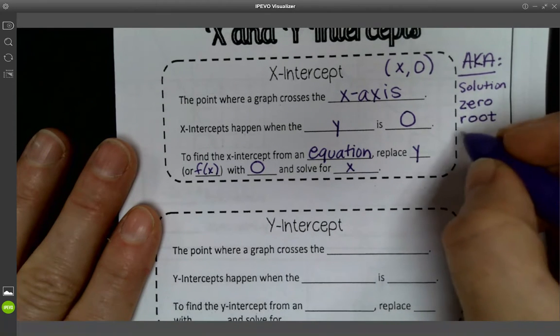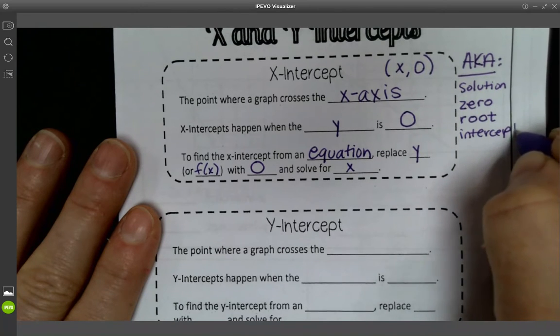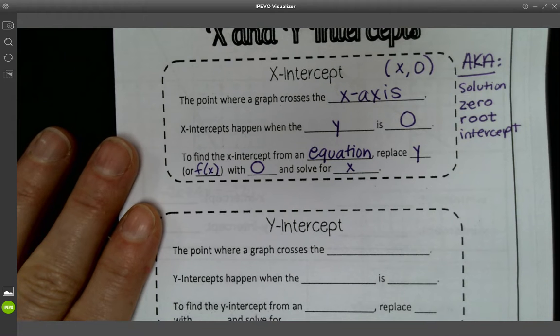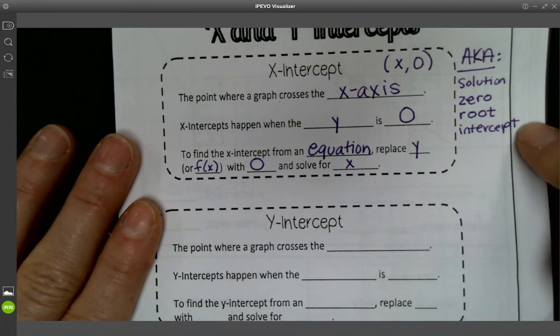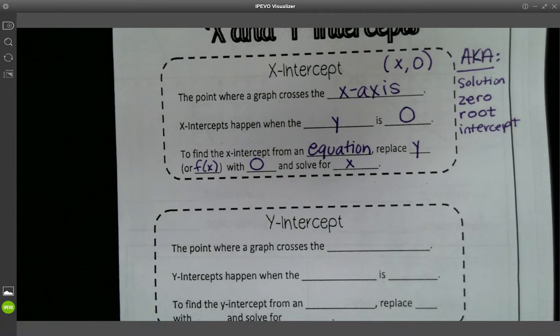Or they could just say, what is the intercept? So there are lots of different names just for x-intercept. You have to know that whenever you're being asked these things, what they mean is, where does that line or curve, or whatever the function is, cross the x-axis?